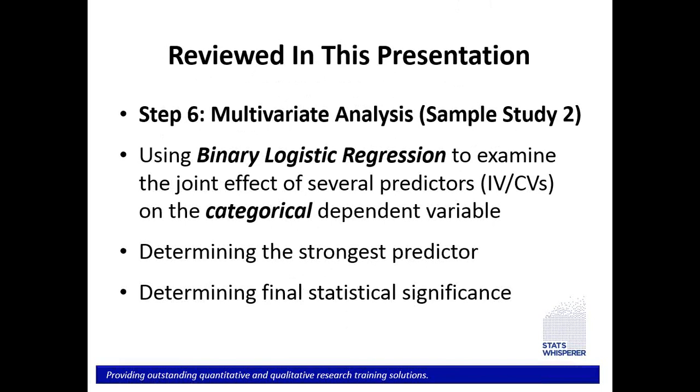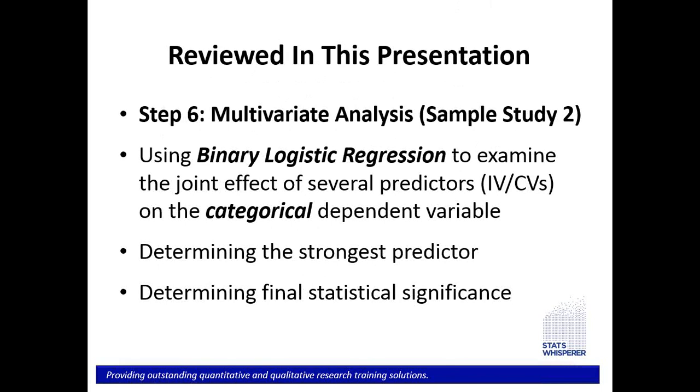Okay, so in this presentation, we are also going to review step 6. However, this will be step 6, multivariate analysis for sample study 2. Specifically, we'll be using binary logistic regression to examine the joint effects of several predictors, those being our independent and covariate variables, on the categorical dependent variable, right?